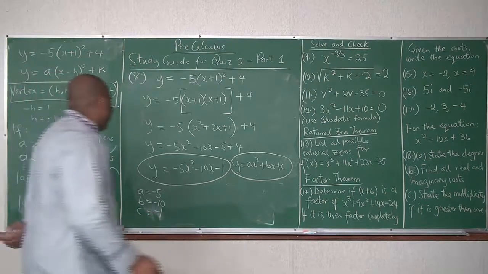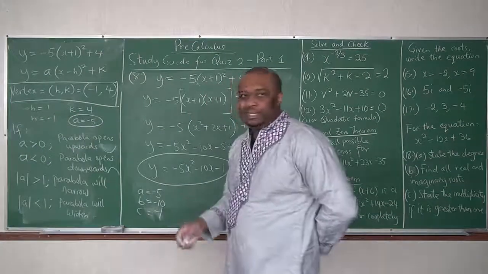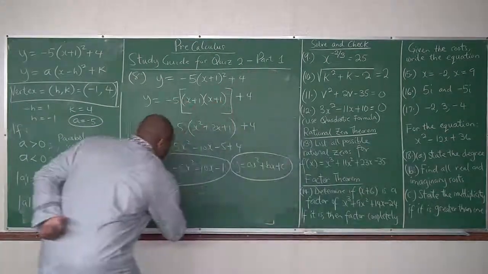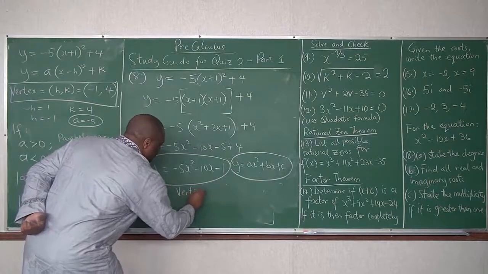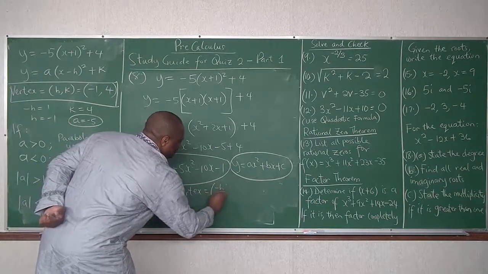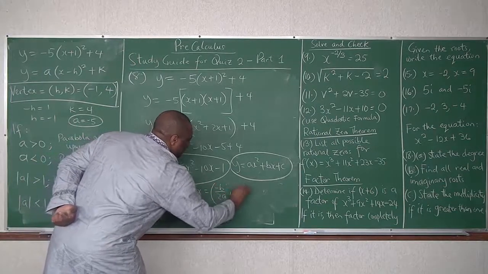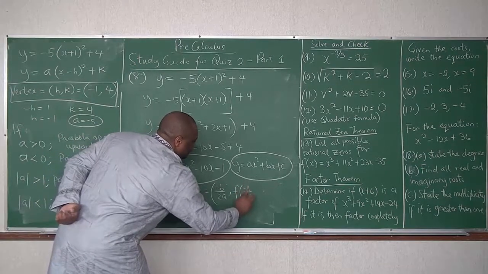Right? Now, your vertex, like we said, is (-b over 2a, f of -b over 2a). That is if you substitute it for y.